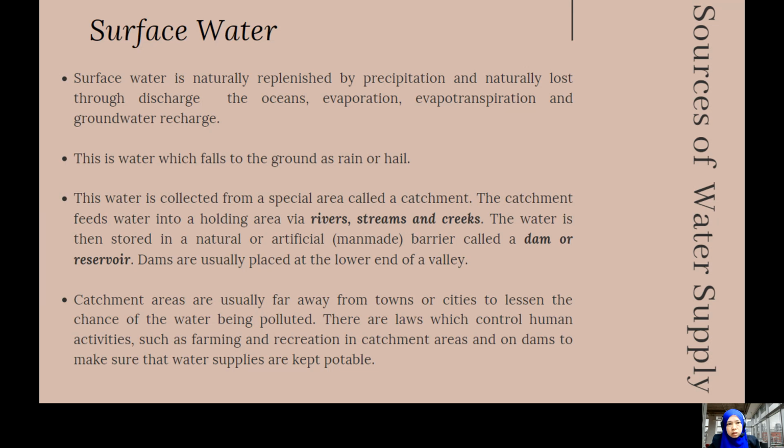Surface water comes from the water which falls to the ground as rain or hail. This water is collected from a special area called a catchment.